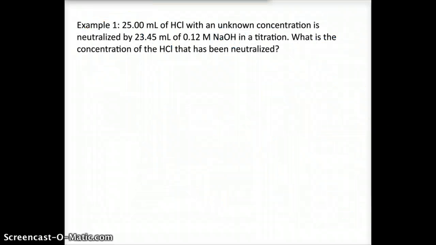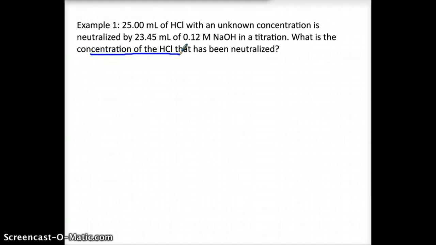So, example 1: 25 milliliters of HCl with an unknown concentration is neutralized by 23.45 milliliters of 0.12 molar NaOH in a titration. What is the concentration of the HCl that has been neutralized? So I'm trying to figure out molarity. One thing I want to point out is a little bit of notation.